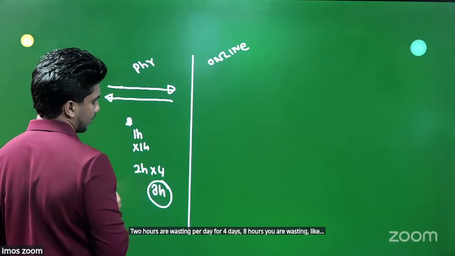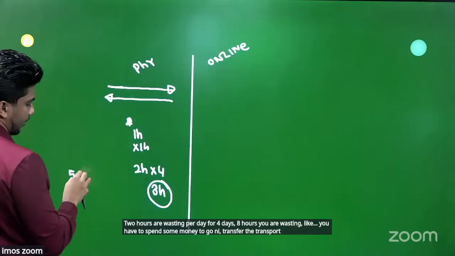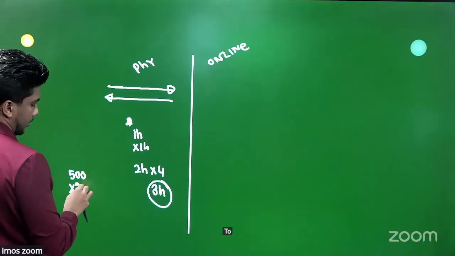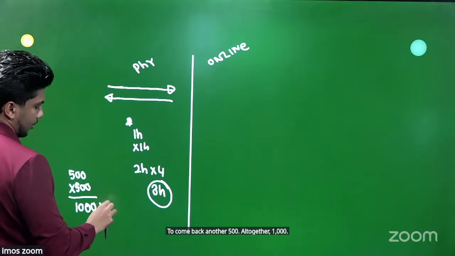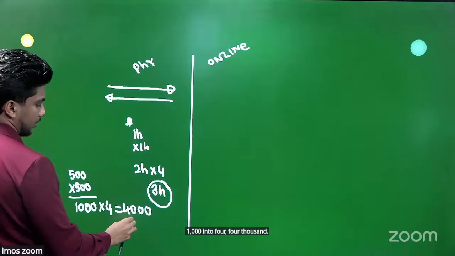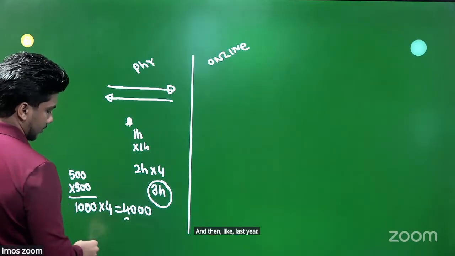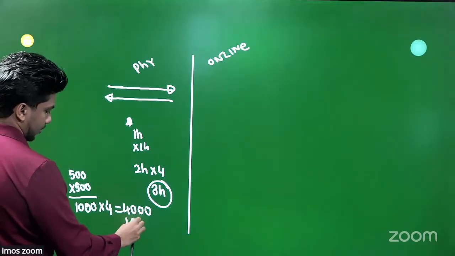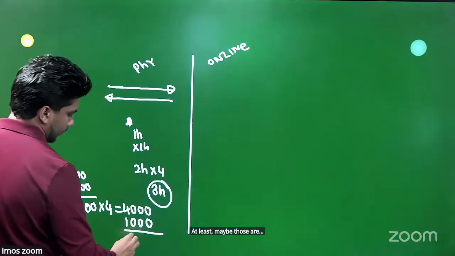You have to spend some money on transportation, maybe 500 to go and another 500 to come back. Altogether 1000. 1000 into 4, 4000. What is the class fee? Say the class fee is 1000. At least it will come to 5000.